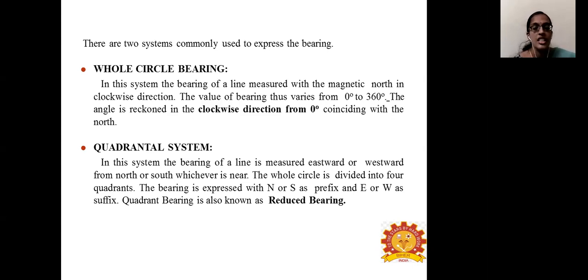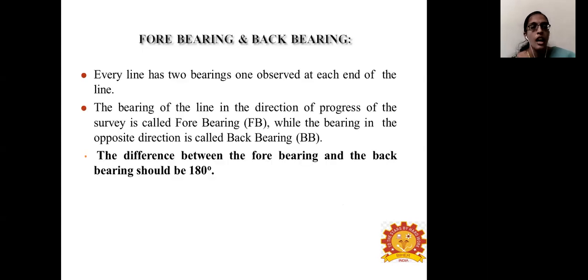The bearings are expressed with the prefix north or south, and with east or west as a suffix. Okay, the quadrantal bearing system is always known as the reduced bearing. This is because we have reduced the angular value of the bearing from 0 to 360 to 0 to 90.